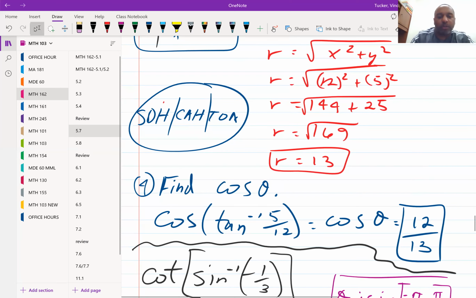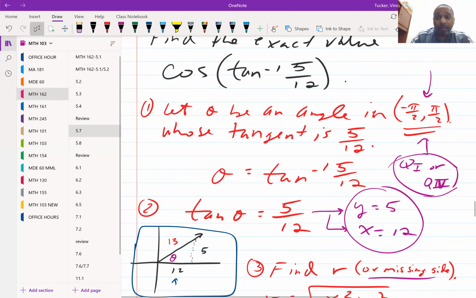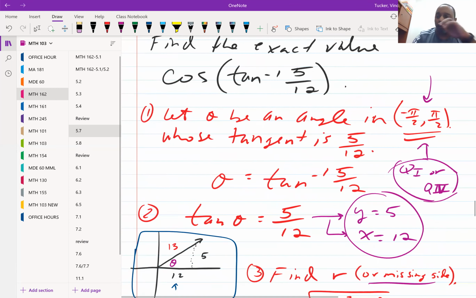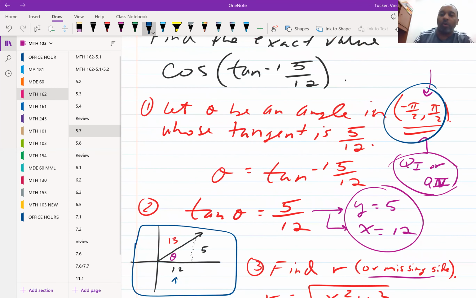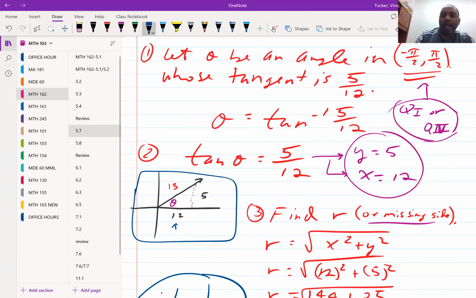All right, so before we go to the next one, I just want to walk through these steps one more time. So we're going to let theta be equal to this inside right here. And then, of course, we go off of the definitions of tan inverse. Then we establish what sides we do have according to what tan is. Tan is y over x. So that's why we were able to establish that that's 5 over 12.